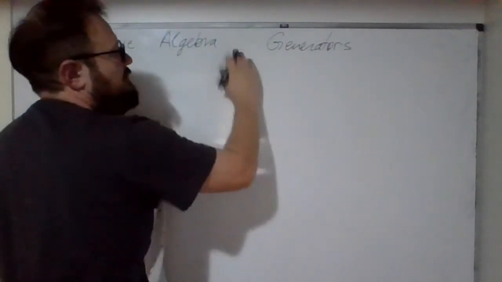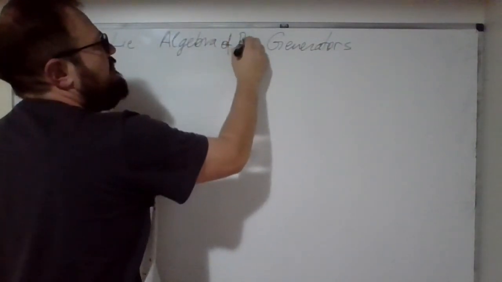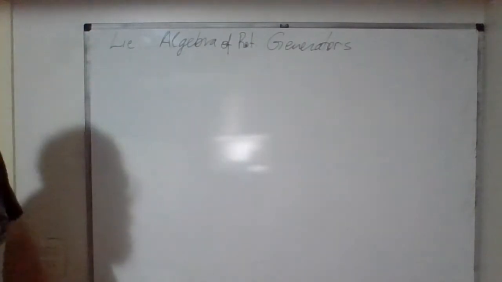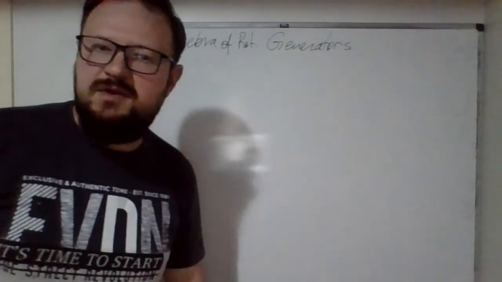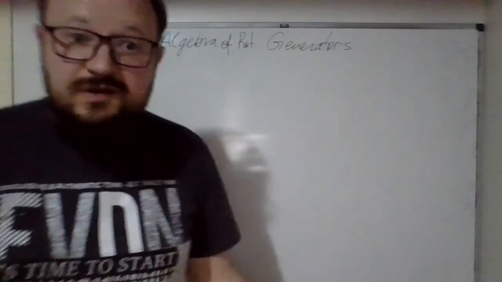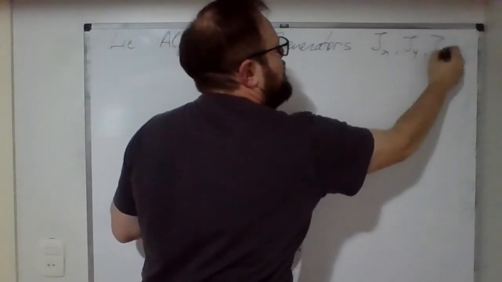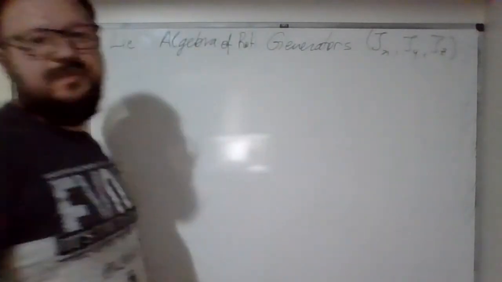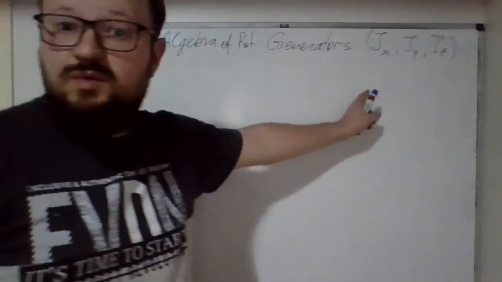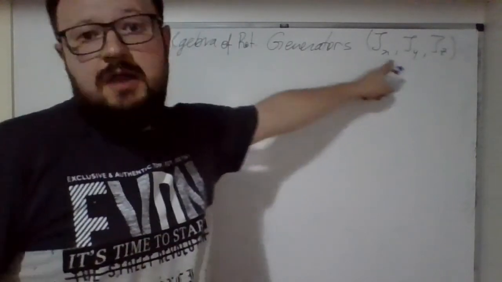Rotation generators. There are three, because in three-dimensional space, which is the most important situation, there are three generators, Jx, Jy, Jz, and this corresponds to the general angular momentum.